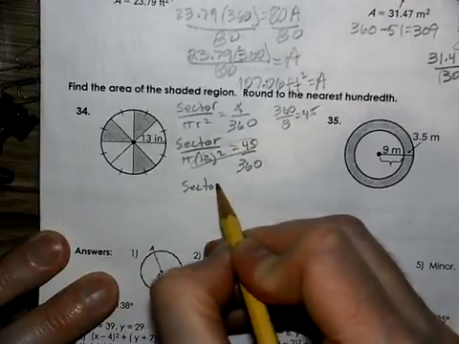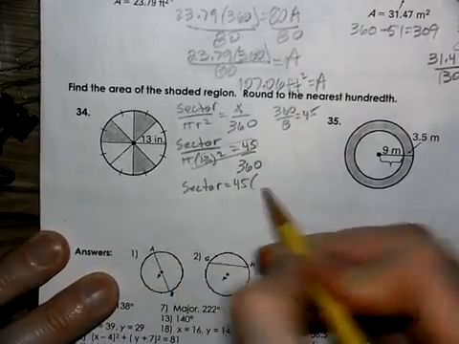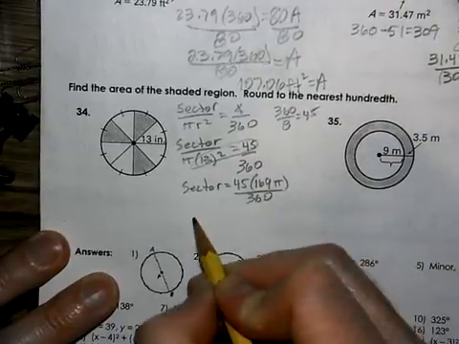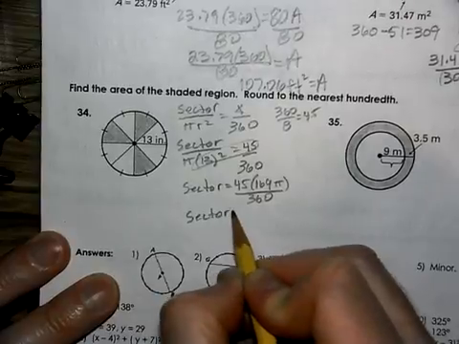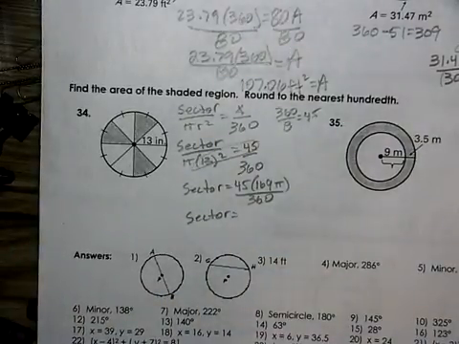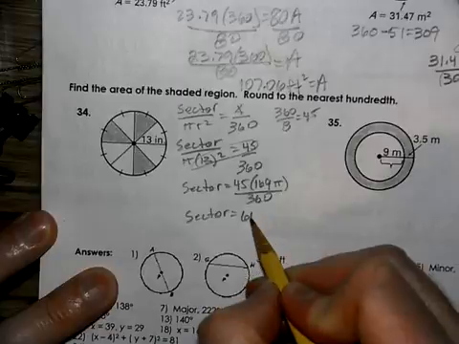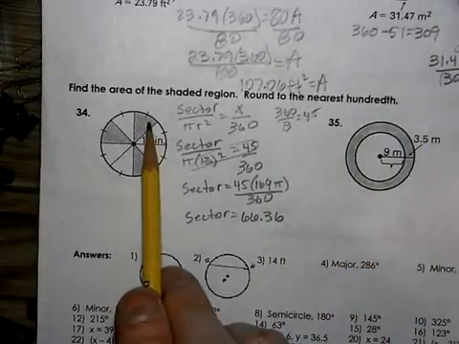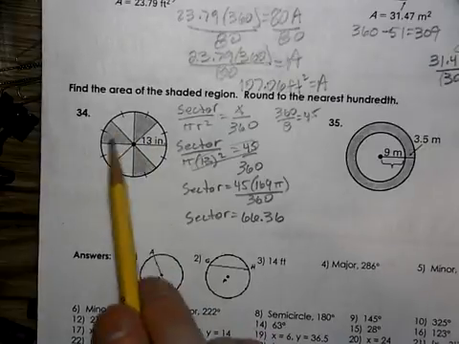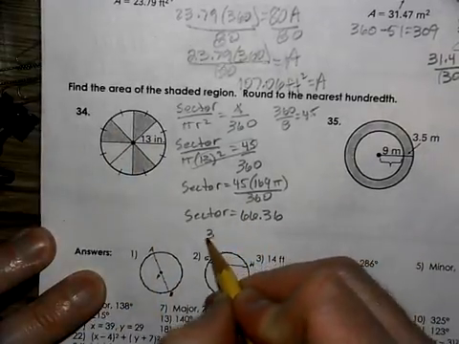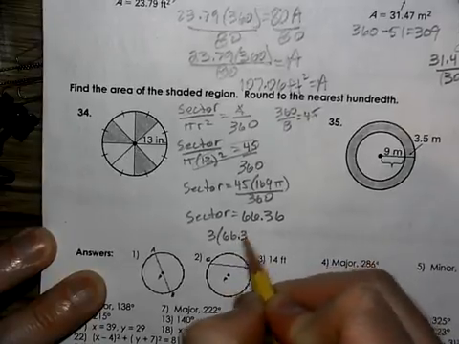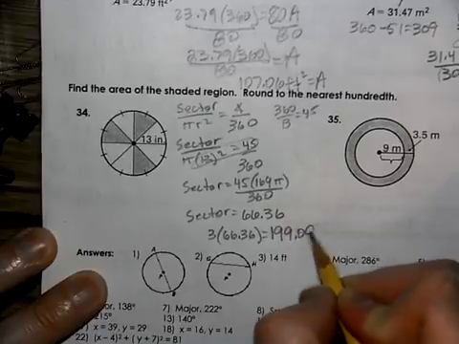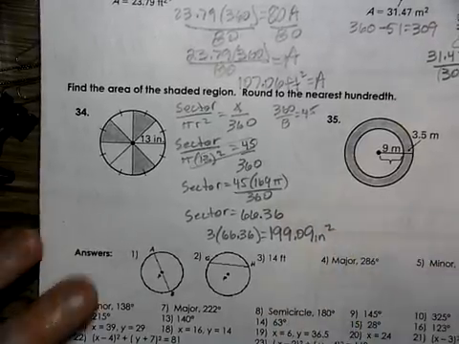So the sector is going to equal 45 times 169 pi over 360. So this sector area is going to come up to be 66.36. And how many different sectors are we looking for? We're looking for 3 times 66.36. That comes out to be 199.09. Those are inches squared.